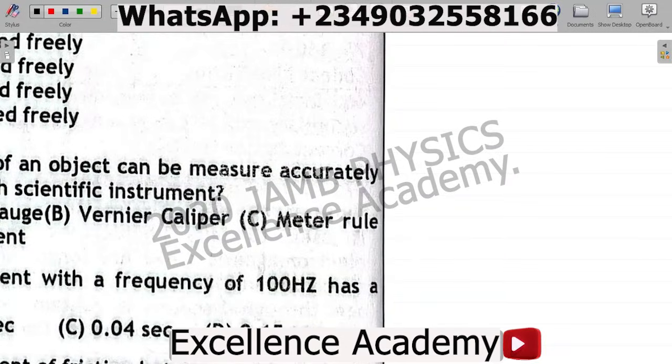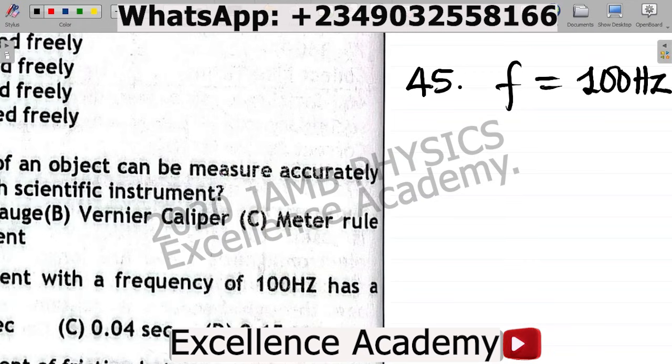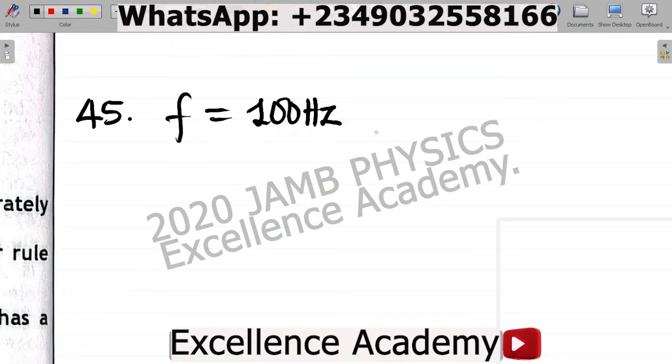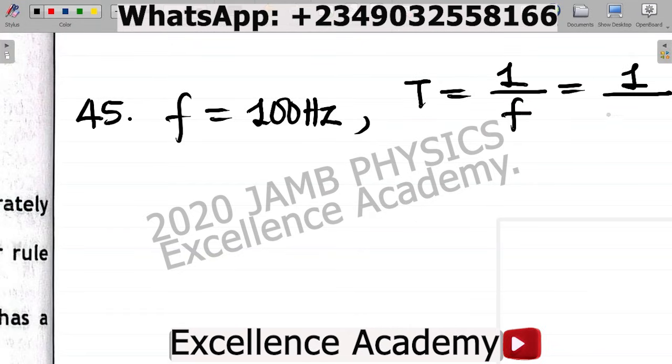Now, for question number 45, you are given frequency F as equal to 100 Hertz. That's your frequency. They said has a period of, let's get period.